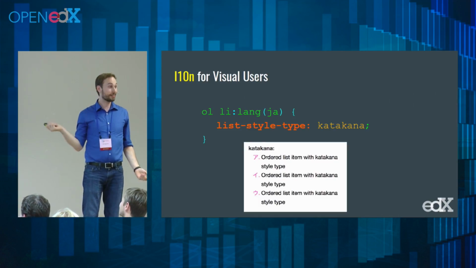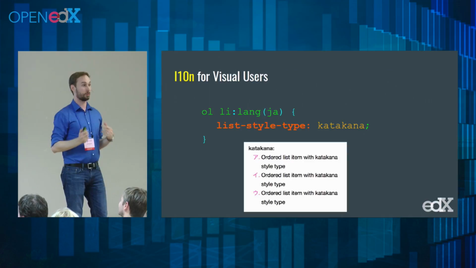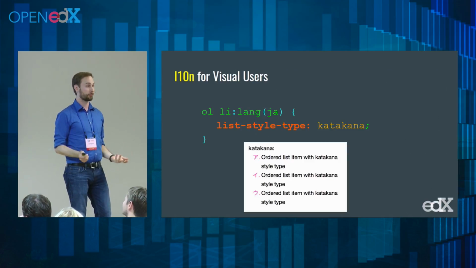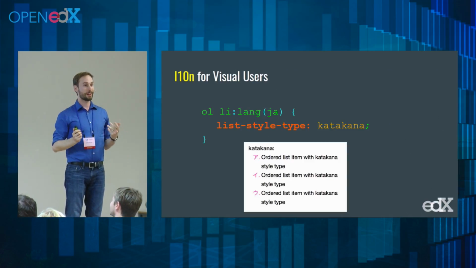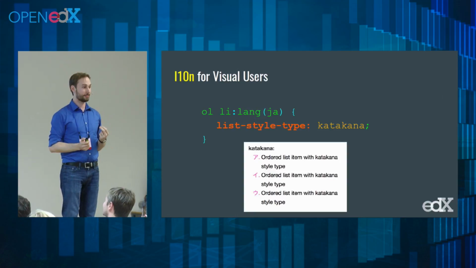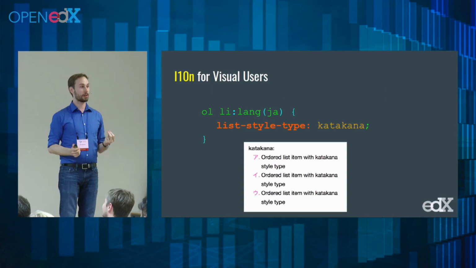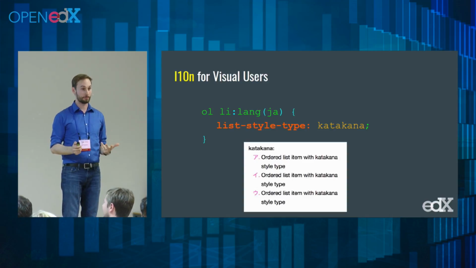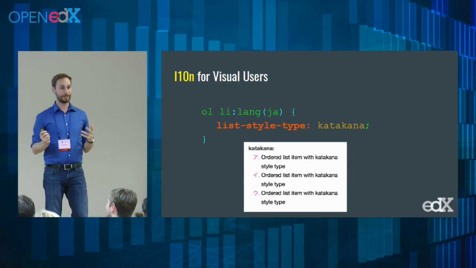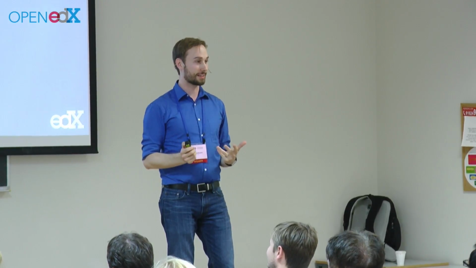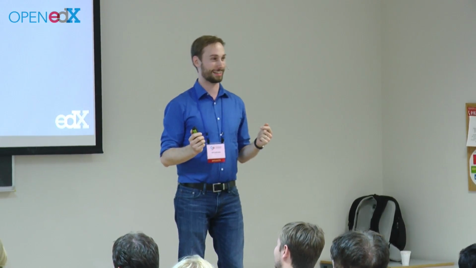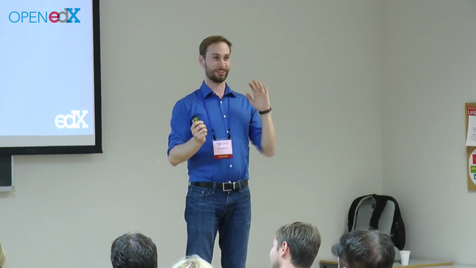Or you can actually style that list in katakana or hiragana or whatever you deem most appropriate for that locale. It's just a nice little thing like that that tells a user, you're paying attention, you care about making the site the best for them, and it keeps them in the moment, in the site, and they don't have to take that step back and think, oh, this is weird, okay, I'll get over it.